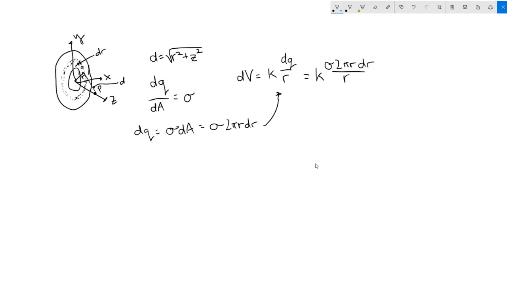Why does that seem kind of weird, actually? Let me see. Oh, this r is different from this r. I have to be careful. This is supposed to be d, not r.